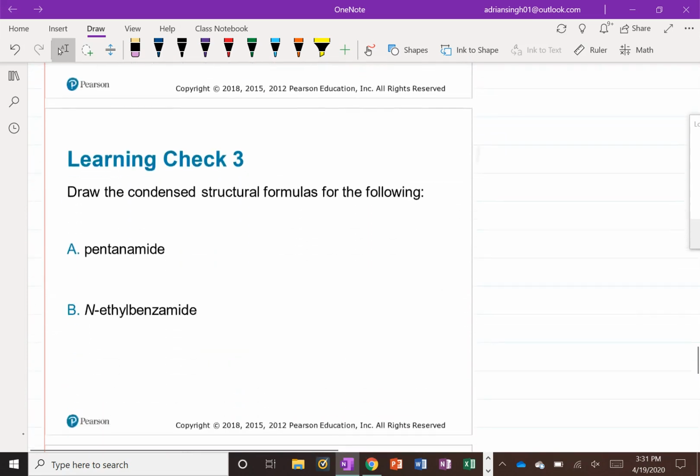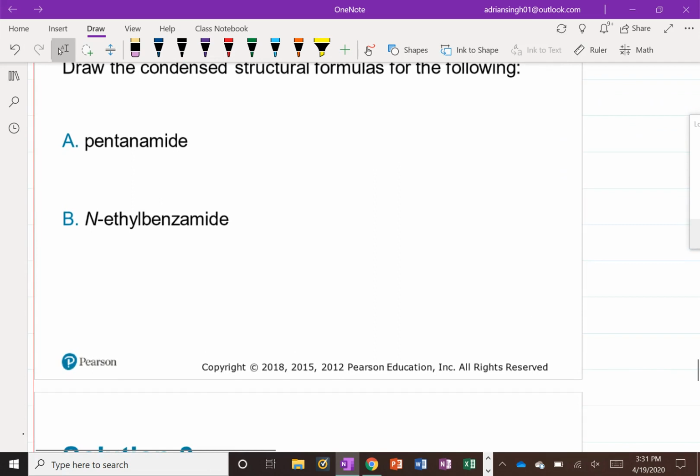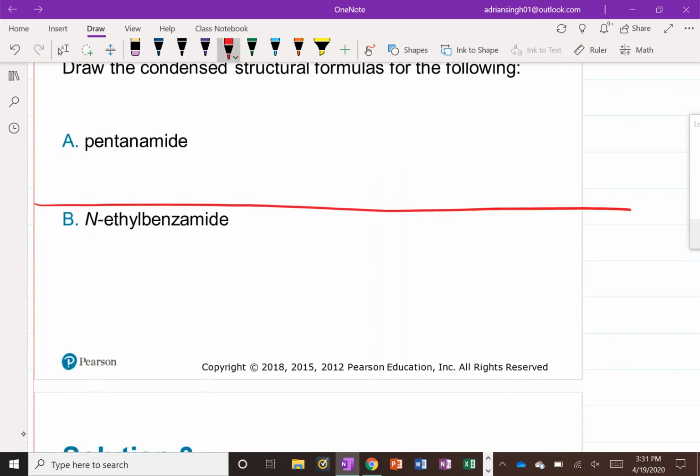All right, let's finish up here by taking a quick look at how we draw some of the structures again. So let's look at the first one. We have pentanamide. All right, so that means we have a 5-carbon amide. So let's draw that 1, 2, 3, 4, 5.